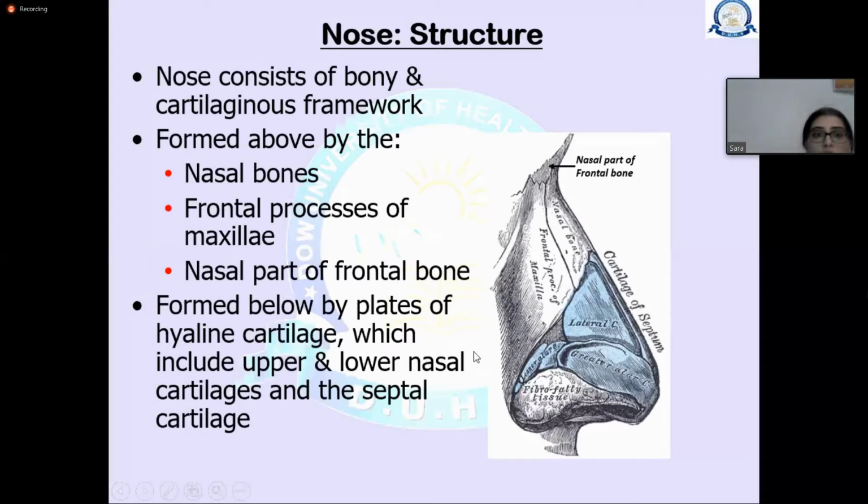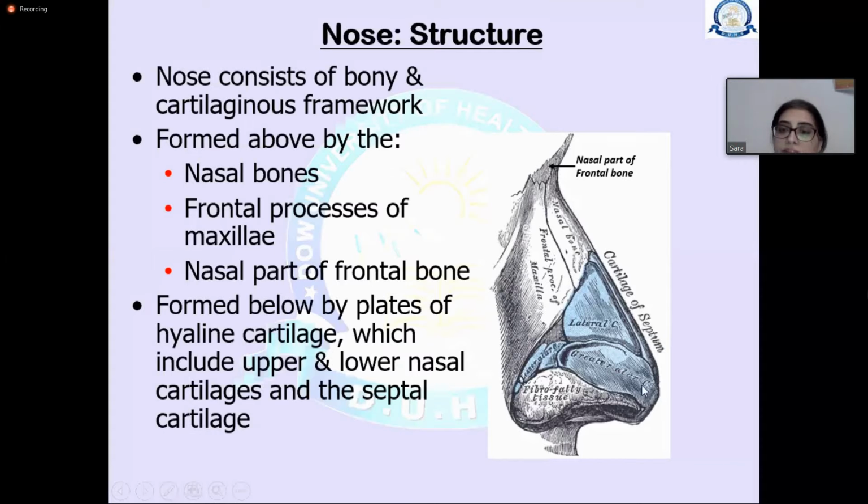Inferior to that, you will have certain plates of cartilage, that is lateral cartilages. You will have a pair of lateral cartilages, one on each side, then a pair of alar cartilages. Then you have smaller cartilage or lesser alar cartilages. So basically the alar cartilage are U-shaped structures which are divided into two parts.